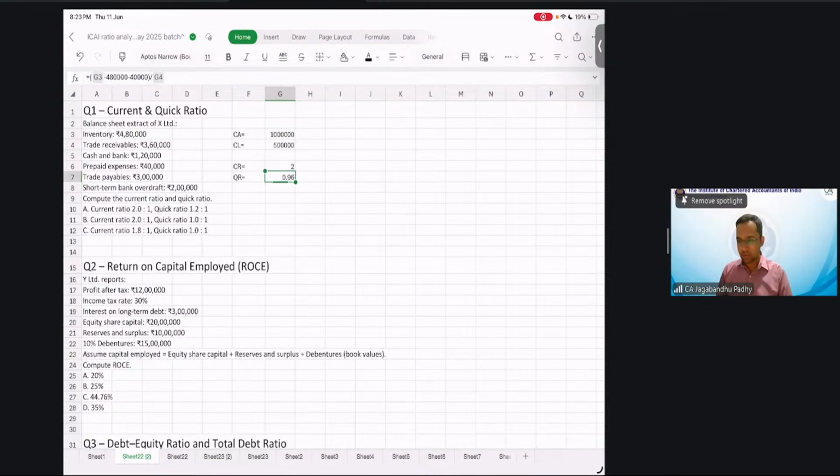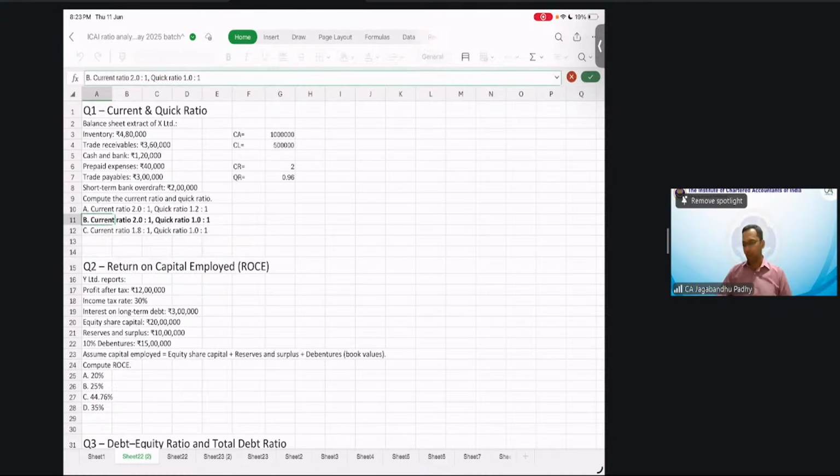Current assets minus inventory and prepaid expense of 40,000, divided by current liability of 5 lakh, so 0.96. So the most accurate one is option B. Right, so 0.96, but we have the quick ratio as 1 over here, which is 0.96 approximately rounded up to 1. So that gives us this particular option B.